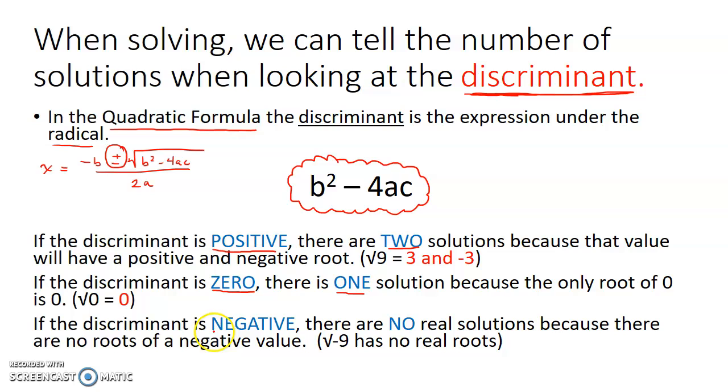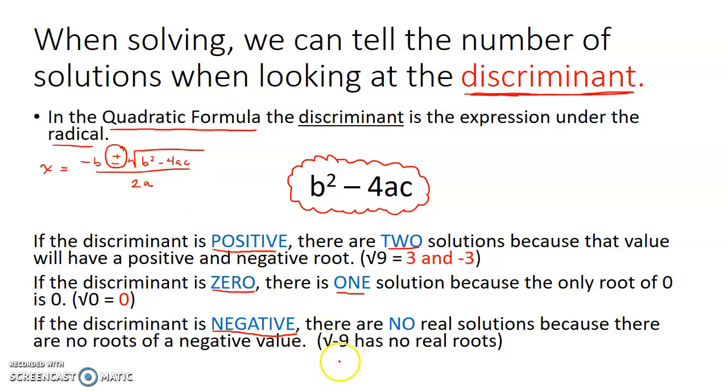If the discriminant is negative, so if I plug in for a, b, and c and I get a negative value, then there are no real solutions or no real roots, because we can't take the square root of a negative value. If I simplify and get negative 9, I can't take the square root of negative 9.